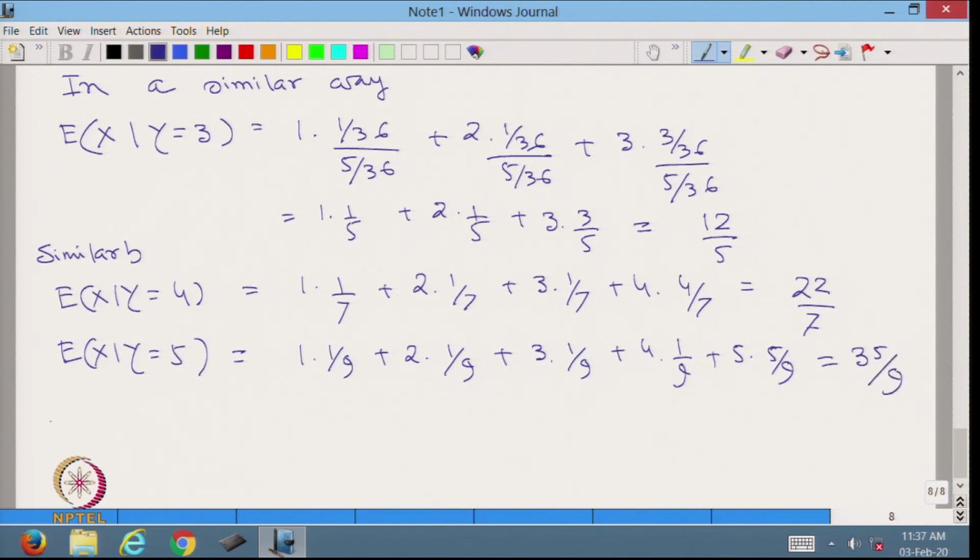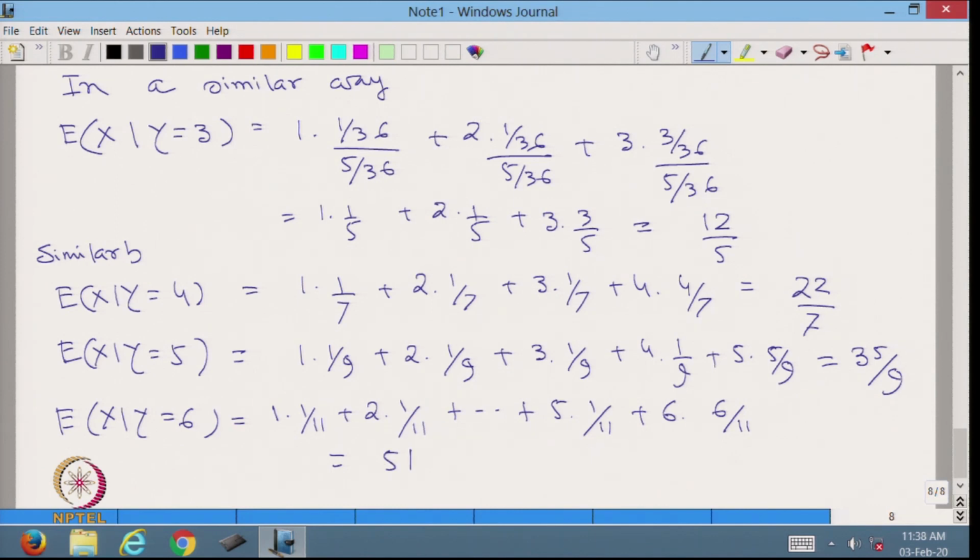And finally, expected value of x given y is equal to 6 is equal to 1 into 1 upon 11 plus 2 into 1 upon 11 plus up to 5 into 1 upon 11 plus 6 into 6 by 11, which is equal to 51 by 11.